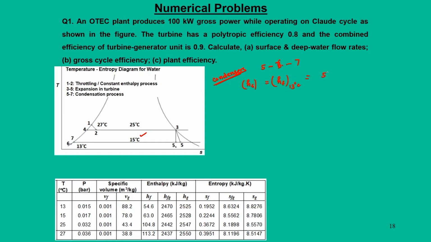So, this is 54.6 kilojoule per kg. Then at this point the specific volume V6 is 0.001 meter cube per kg. Then we have H7. H7 is available at 15 degree centigrade. So, we say HF at 15 degree centigrade. So, this number is 63.